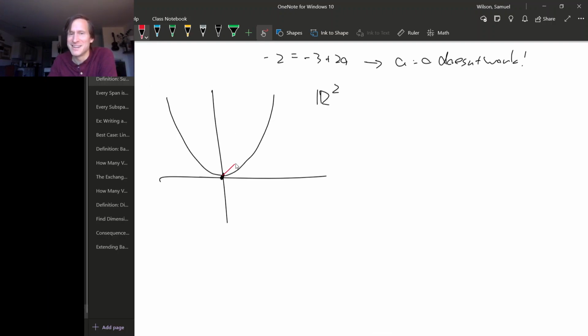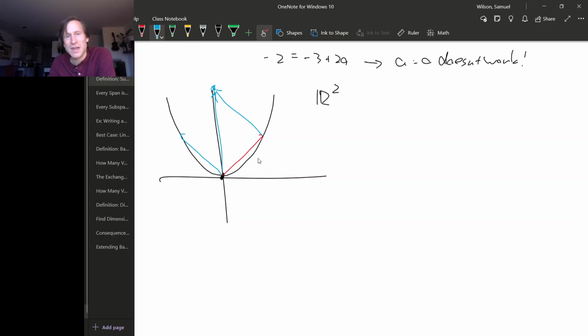Well, let's take this vector, and another vector in this collection is this vector. If we add these two, do we end up in our collection? Well, no, we end up here, right? That's not in our collection of vectors given by this parabola here.